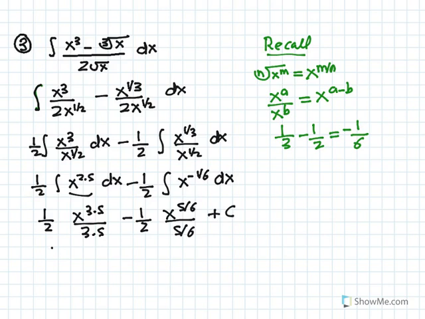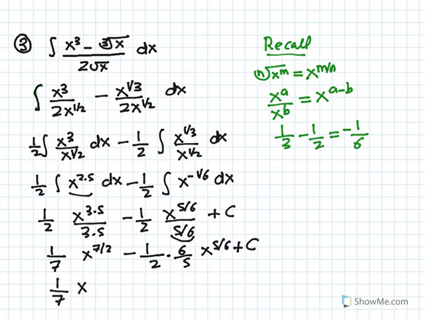A little bit more algebra, we get 1 over 7, x to the 7 over 2, if you want to write it as a fraction, minus 1 over 2 times, flip the bottom, that's 6 over 5, x to the 5 over 6, plus c. And we can simplify it a little bit more. You get 1 over 7, x to the 7 over 2, minus 3 over 5, x to the 5 over 6, plus c.